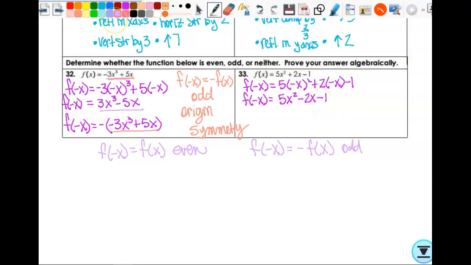So I look and see, does this match exactly? The answer is no, so it can't be even. So then I factor out a negative. F of negative x is equal to negative, and that would leave me with negative 5x squared plus 2x plus 1. Then I check, does this match exactly? And the answer is no. So it's not even or odd, it is neither.